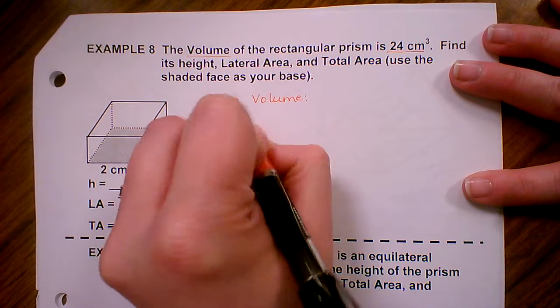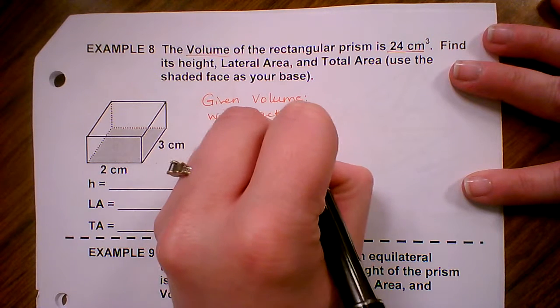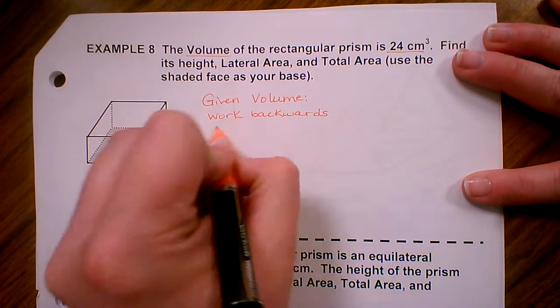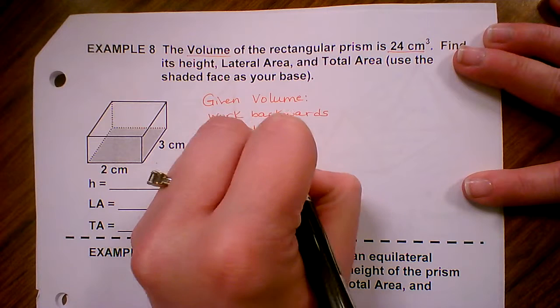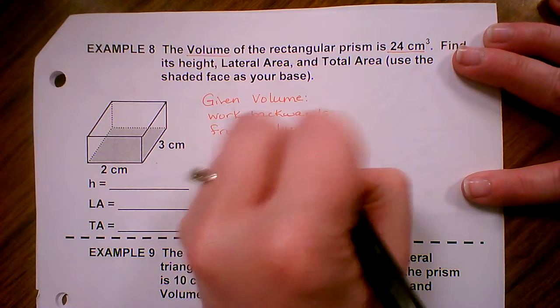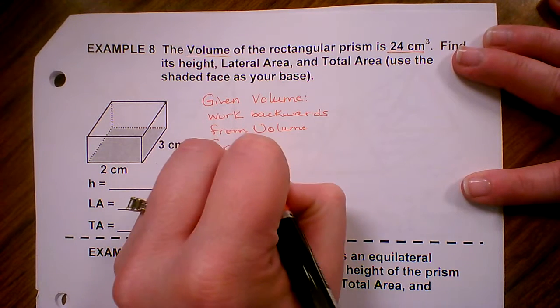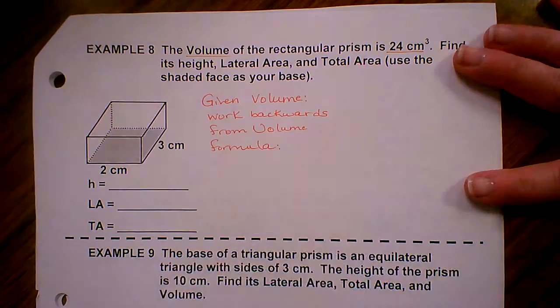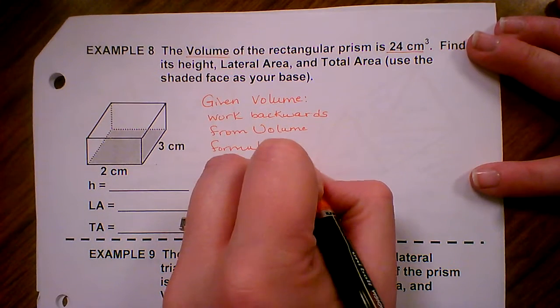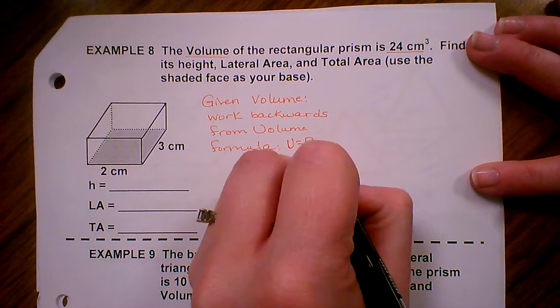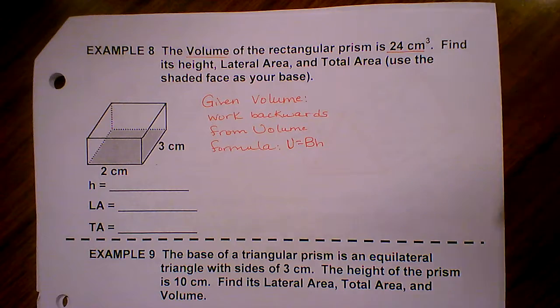So work backwards from the volume formula, which is volume equals big B times H.